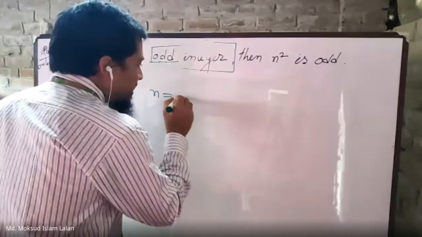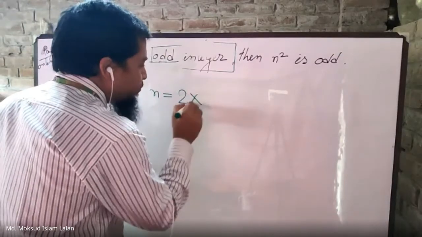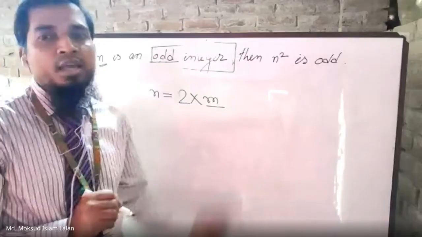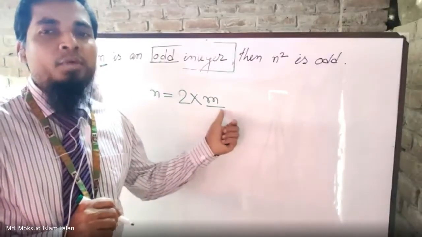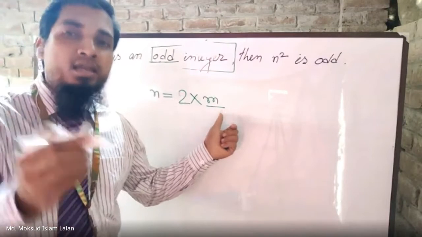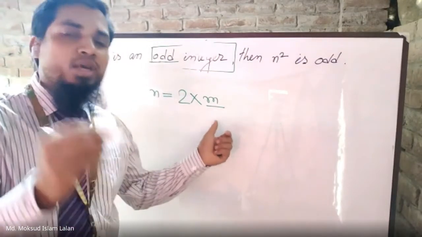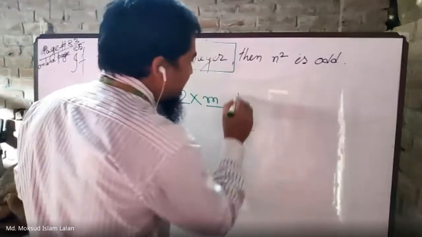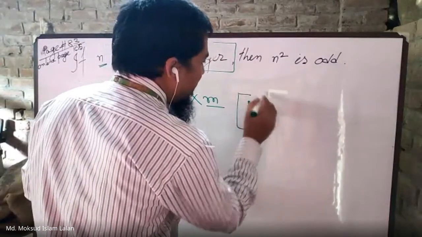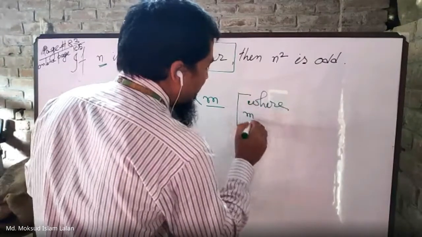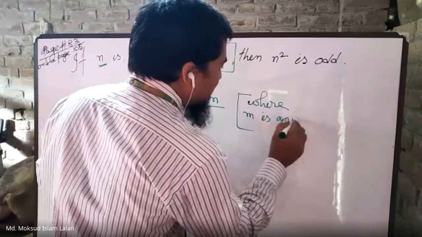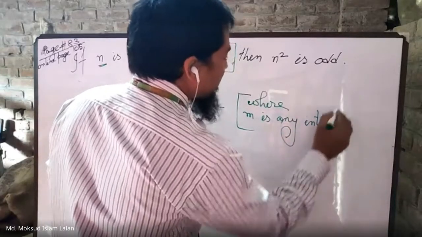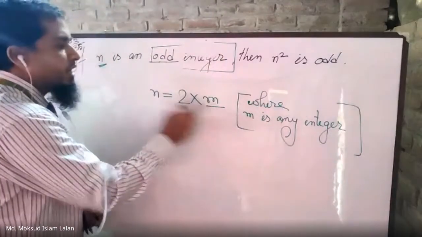So if you consider 2 times any number, 2 times m, then m will be any integer number, where m is any integer, maybe it will be even, odd, positive or negative, any integer. What is m? Where m is any integer.